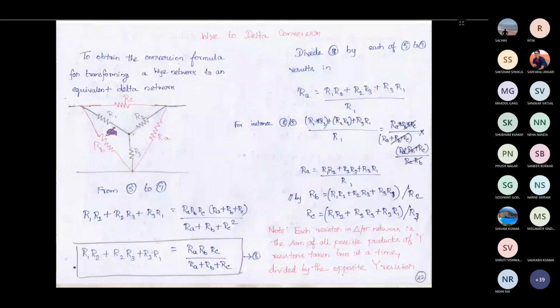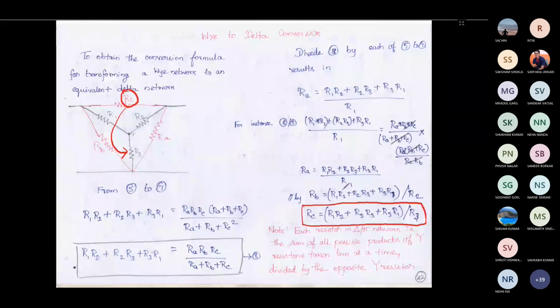For this RB in the star combination, only R1 and R3 are nearer. This R2 is opposite to RB. So for RB, for the numerator you do the product and the summation, then divide by R2. Similarly for RC, the same thing has been written. For RC, the opposite resistance is R3. So I have taken this expression like this.